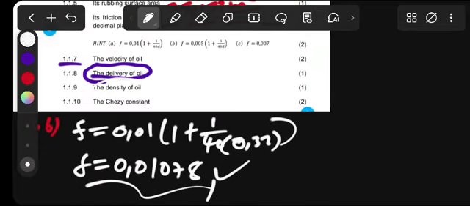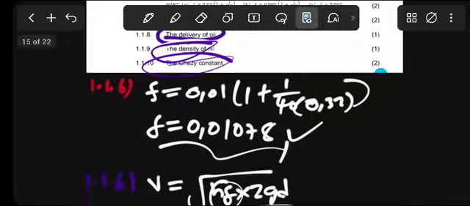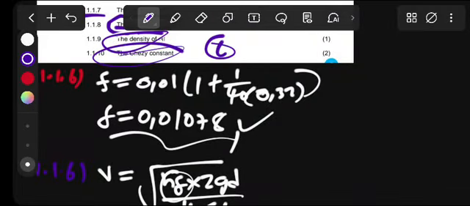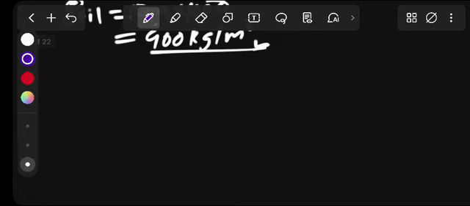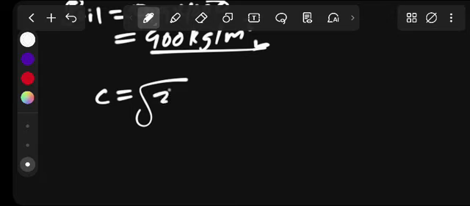Now here they say we should determine the Chezy constant, which is simply C. Back then I know that this C will be the square root of 2G over F. This is the formula for the Chezy constant.